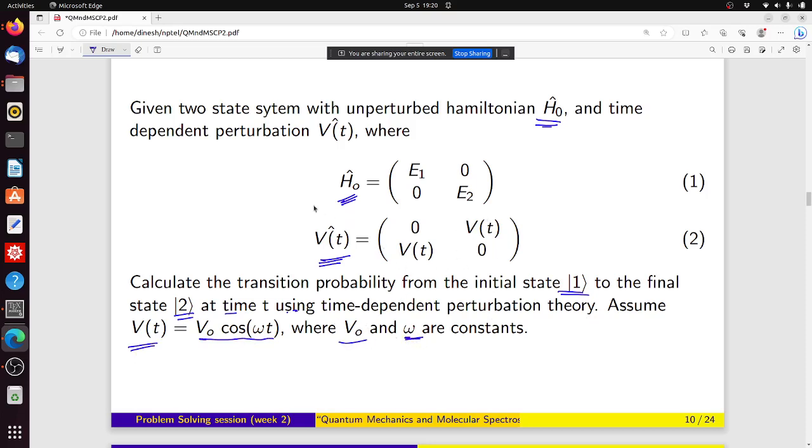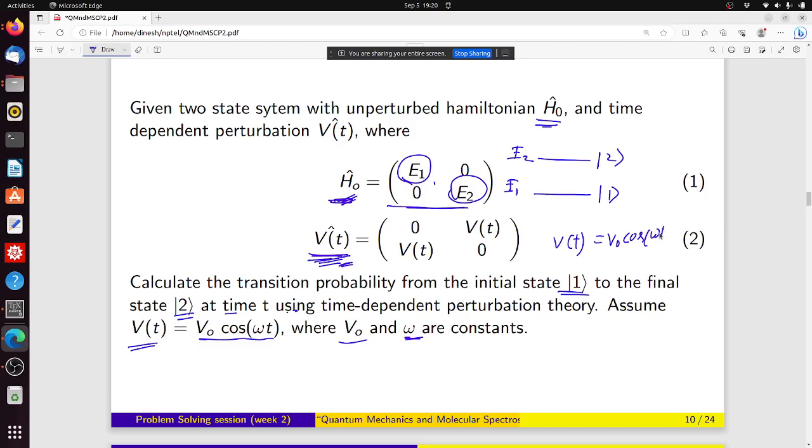So what is given: our unperturbed Hamiltonian is given, this one, and we are given two states, state 1 and state 2. The energy of state 1 is E1, and the energy of state 2 is E2, right? Now we are giving a perturbation to this system, which is V of t, and V of t is V0 cos omega t, right?